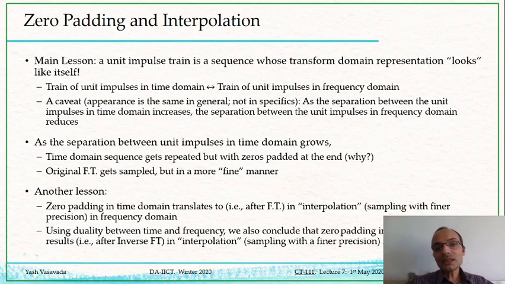And so there, basically we would be invoking the duality between time and frequency, and we would say that similar to this example where we were zero padding in time domain, if we were to do zero padding in the frequency domain, then it is the time domain which will get interpolated in a finer and finer manner.